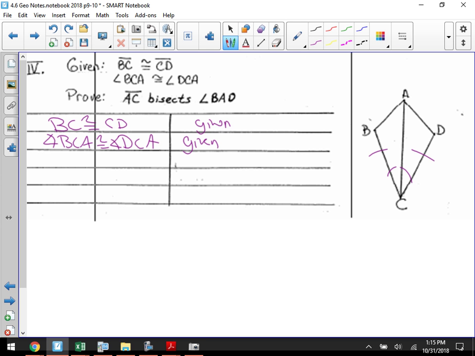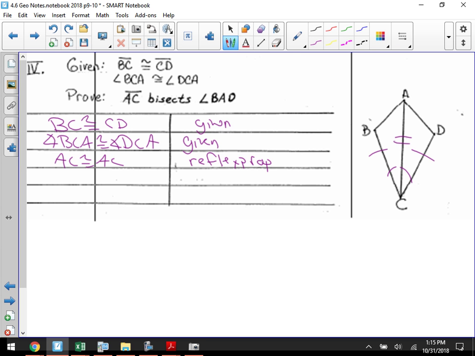Well, how about the triangles though? Reflexive. AC, can I write CA is congruent to CA? Does it matter? Sorry, I'm boring you. Do you have triangles now? Yes. Do we have triangles because of what?